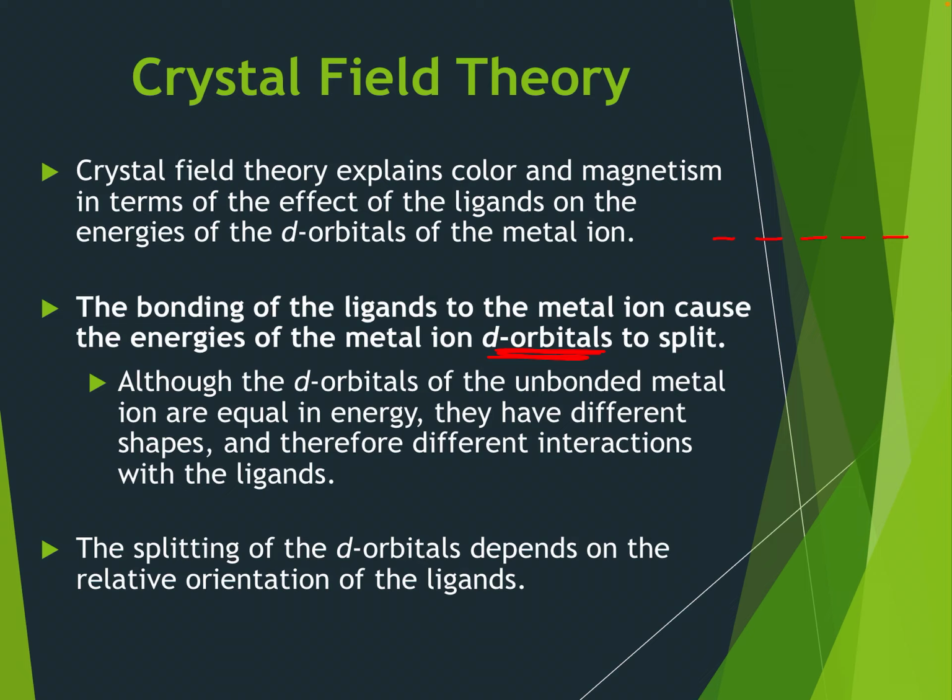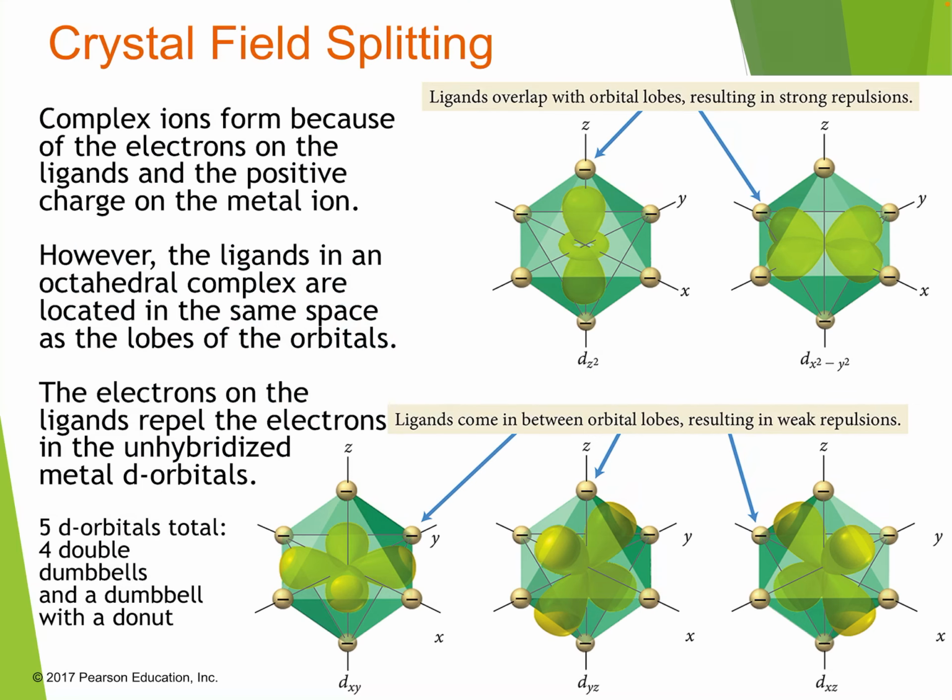The splitting of these d orbitals, how much they split, depends on how they interact with the ligand. Some orbitals will interact with the ligand more than the other ones, and we see that here in this picture. The orbitals at the top are going to interact a lot with the ligands.